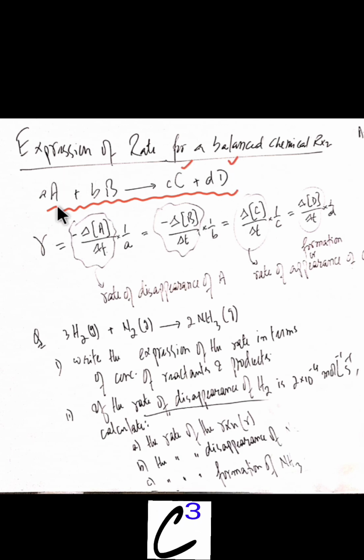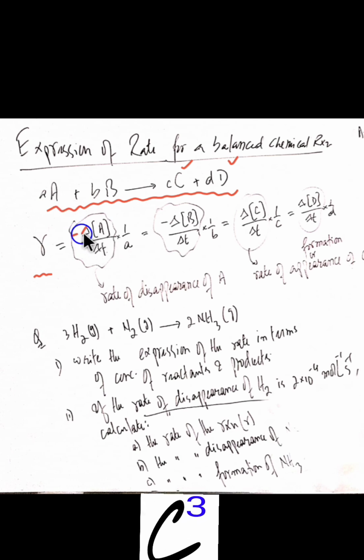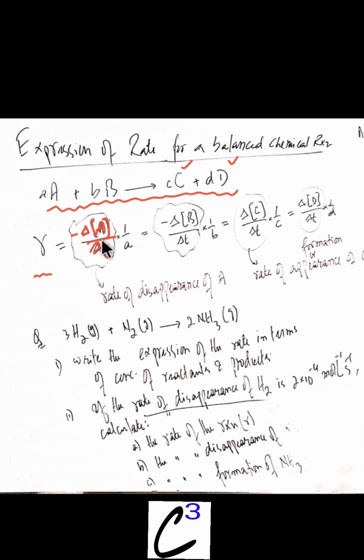Okay, so first of all, rate of this particular reaction is expressed in terms of concentration of this reactant A, that is minus delta A by delta T. So this delta A is the change of concentration of reactant A and delta T is the change in time, and this term minus delta A by delta T represents rate of disappearance of the reactant A.